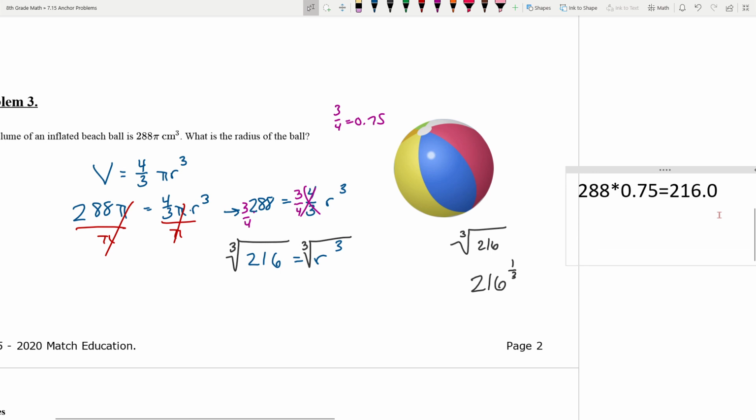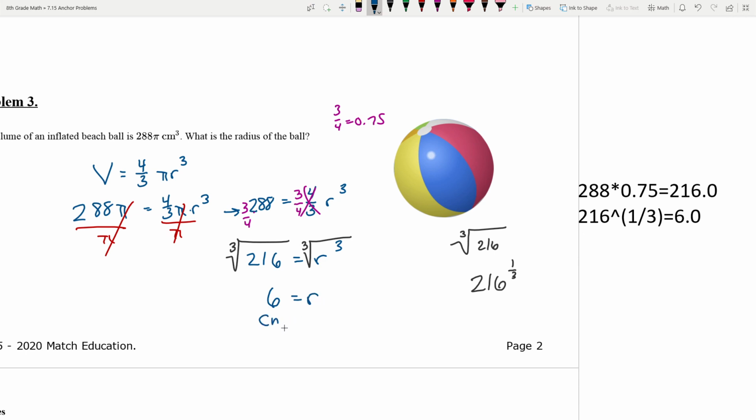I'm going to say 216 to the 1/3 power and figure out what that is, and that is 6. So 6 is my radius, in this case, centimeters. And why is that 6? Well, 6 times 6 times 6 is 6 to the third, and that is 216.